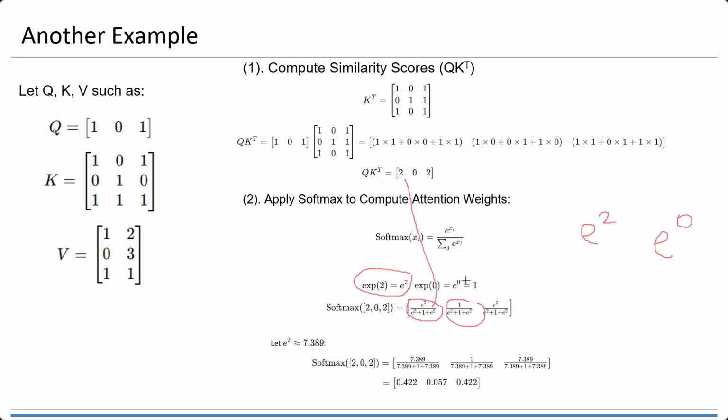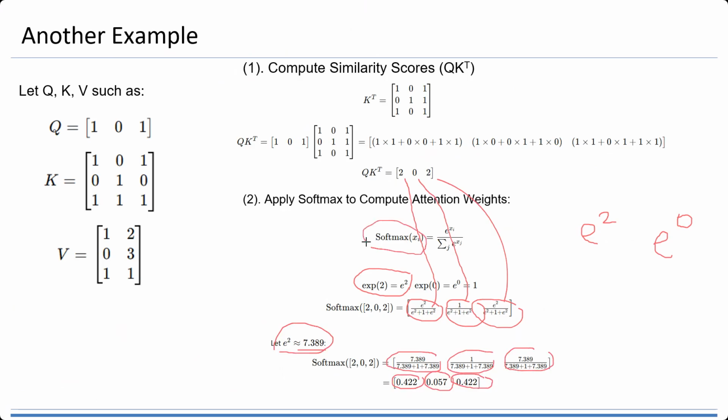E power 0 is 1 and E power 2. So let's suppose the E power of 2 is this one. Okay. So we can get the real value: 0.422, 0.057, and 0.422.